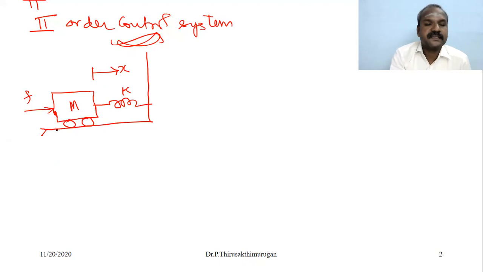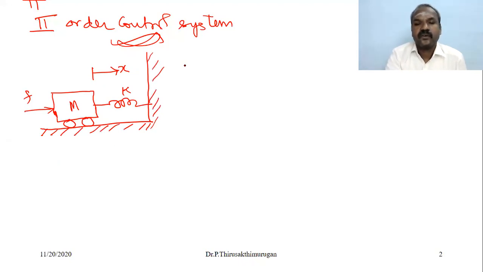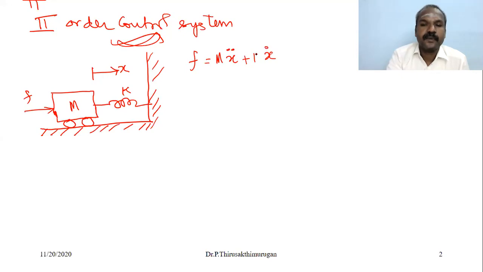This mechanical system is represented by a second order equation, F equal to m x double dot, m d square x by dt square, plus b x dot, b dx by dt, plus k times x.